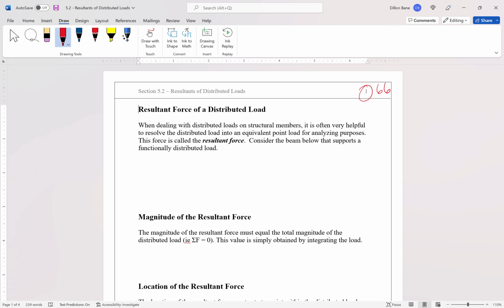We talked about pin supports, roller supports, fixed supports, and the reactions that they generate. We did a little bit of introduction to beams, columns, trusses, and frames. All of these are things we need a general idea of to be able to start analyzing these structures from a structural engineering standpoint.